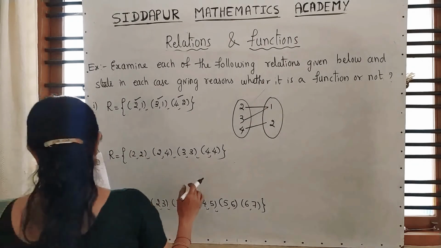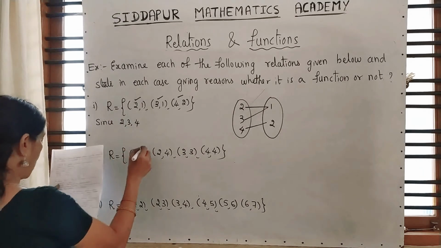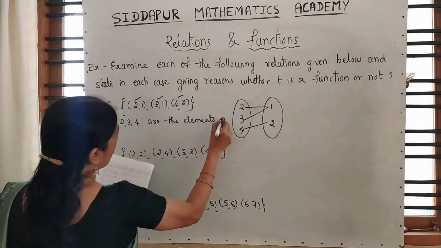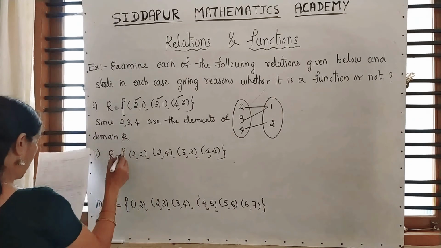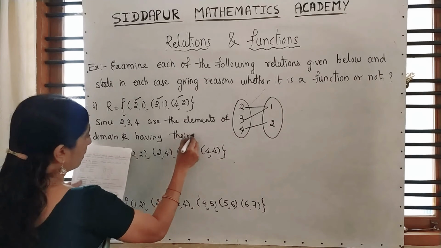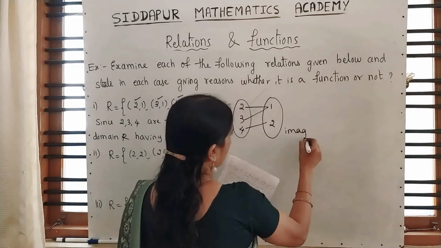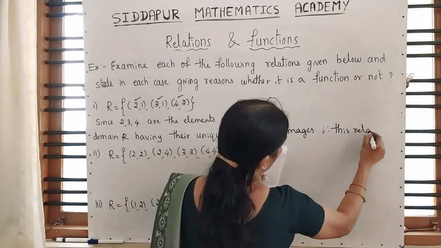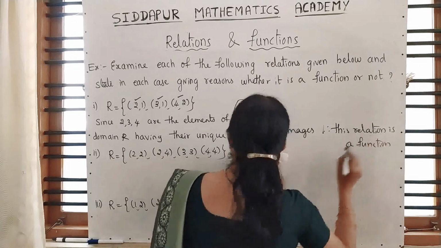Therefore, this relation is a function, since 2, 3, 4 are the elements of domain R having their unique, that means single, images. Understood? Moving to the next example.